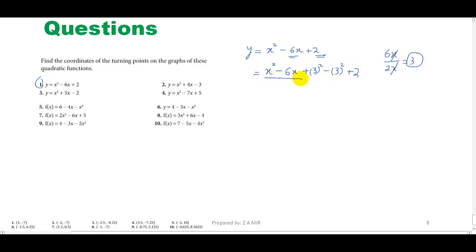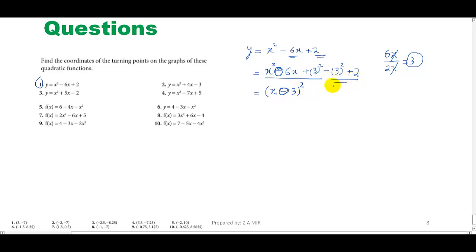Now these 3 terms will be written like this, x minus 3 whole square. If it is negative, this sign will be negative. If this is positive, this sign will be positive.